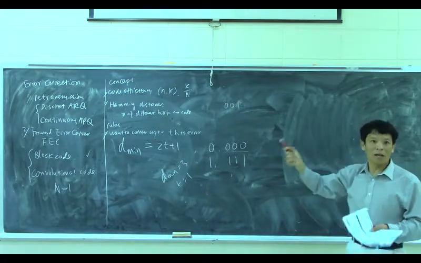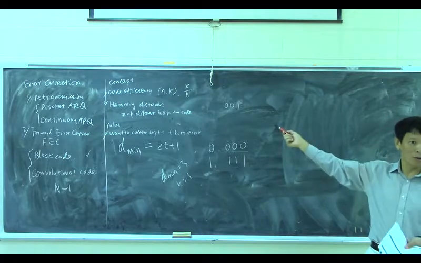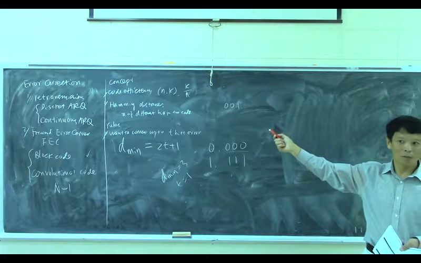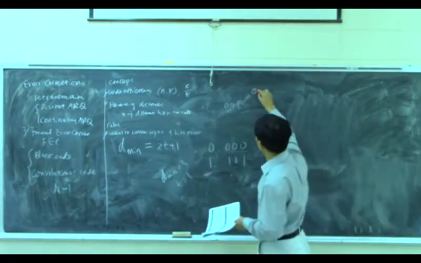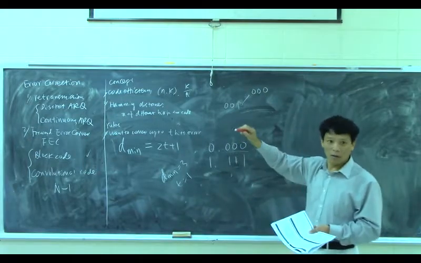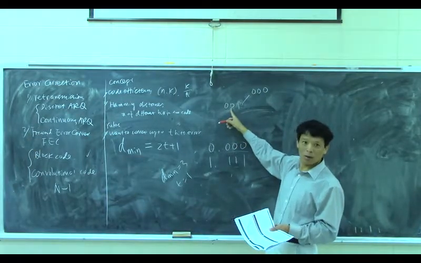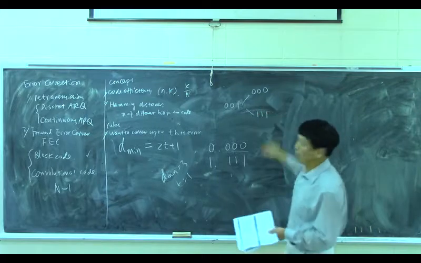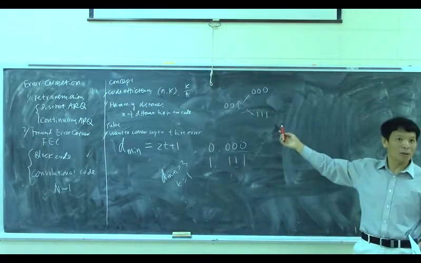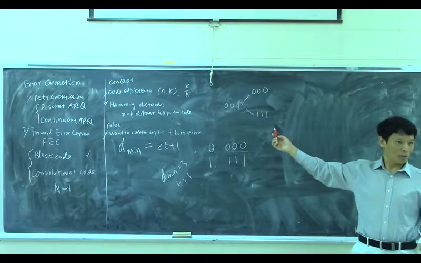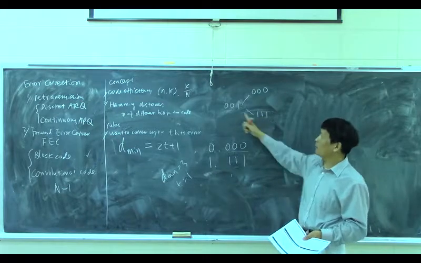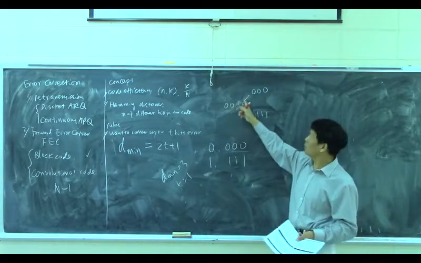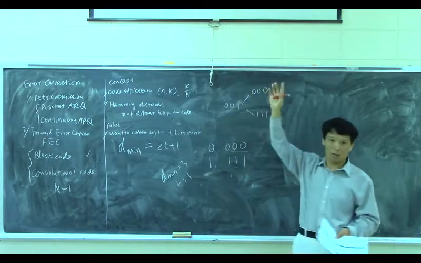Now the question is, can you correct the error? Which one is wrong? Probably 1. Okay, probably 1, so the correct one is 0, 0, 0, right? Or maybe these two are wrong, so maybe it's 1, 1, 1 here. So we don't know which one is correct. Does it make sense? Maybe the correct one is 1, 1, 1, but these two are wrong. Or maybe the correct one is 0, 0, 0, but this one is wrong.